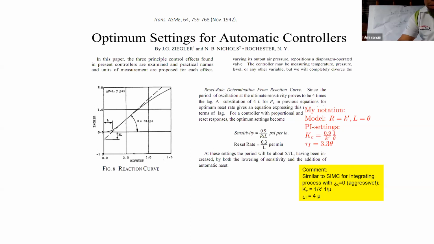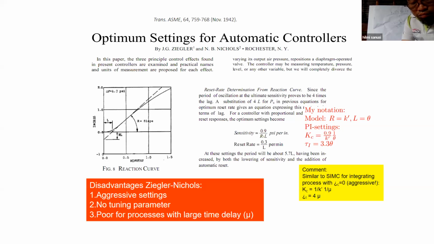So the disadvantage of Ziegler-Nichols, this is aggressive setting. There is no tuning parameter dengan very poor for processes with large time delay. So dia mainly the target untuk chemical process.